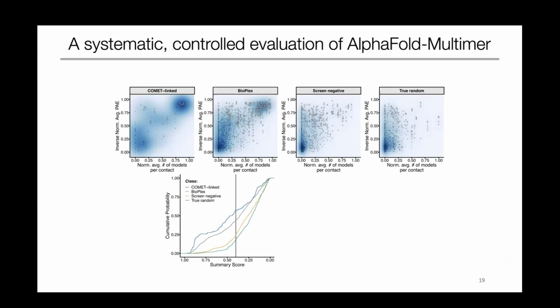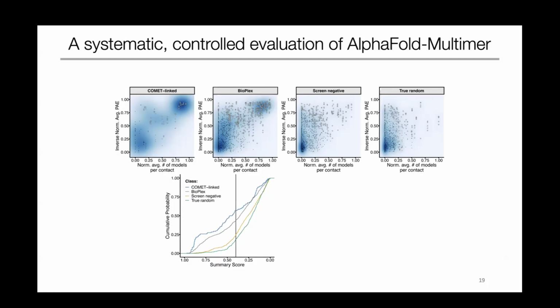We tried to combine the axes of these two metrics, the PAE and the number of models per contact, into a single score. Then we just ranked the predictions and tried to set a threshold for this score that best separates the comet-linked predictions and the true random predictions.